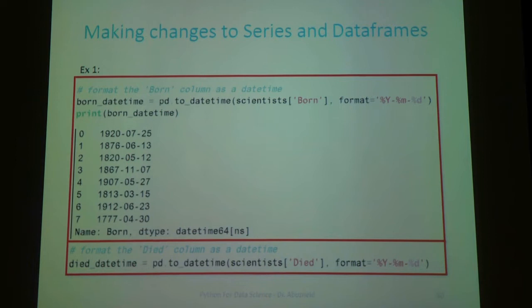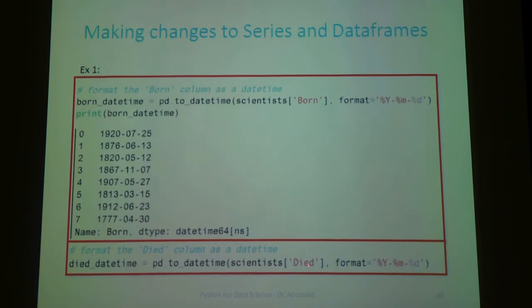So in here, for example, born datetime. pd.to_datetime: I'm accessing the column which says scientist born, then I'm formatting it, year, month, day, and I'm saving it in a different data frame. That's the format. You could also do the same thing with the died column.